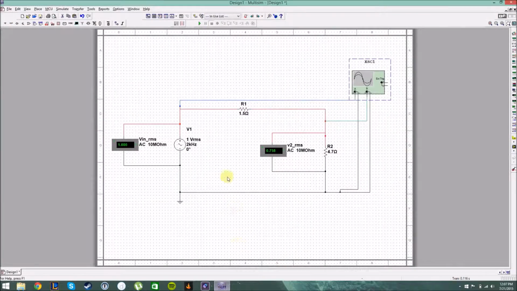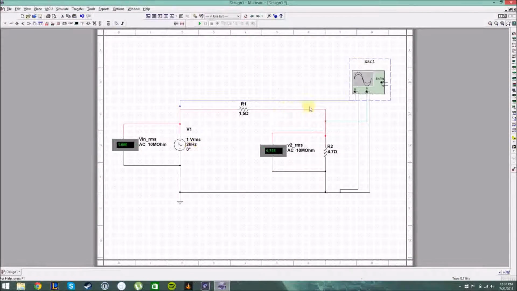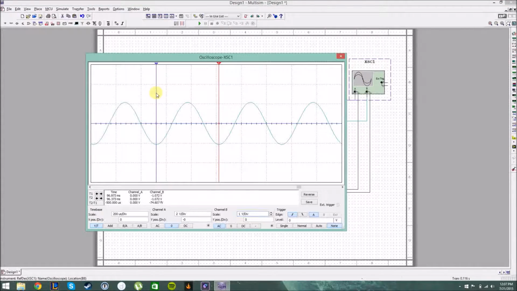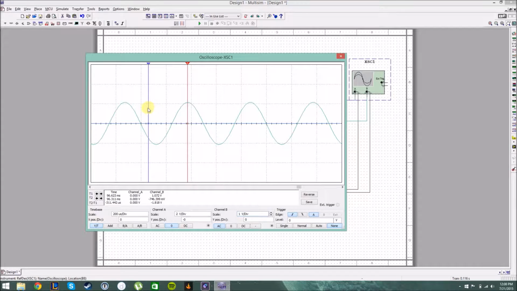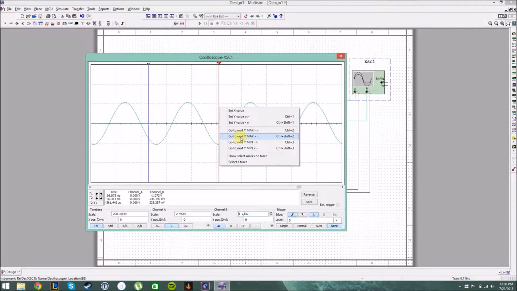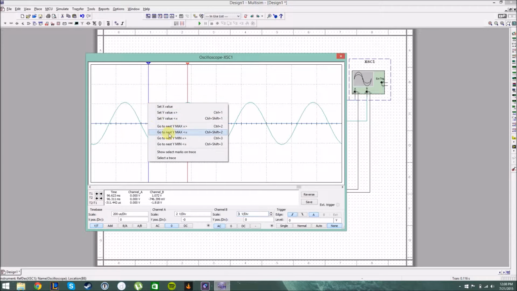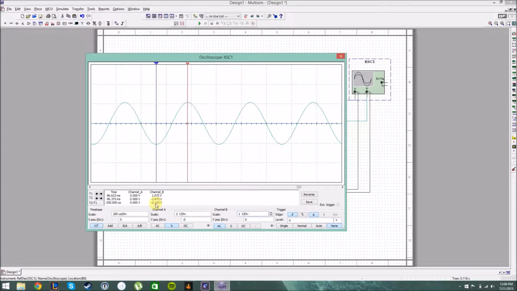Here we are back at Multisim, and we're going to measure all our measurements across R2. The voltage peak to peak is going to be 2.143.